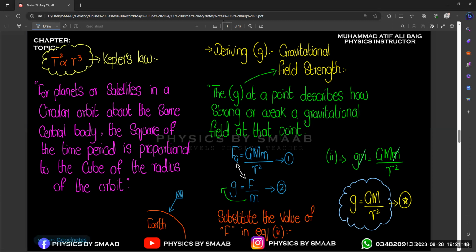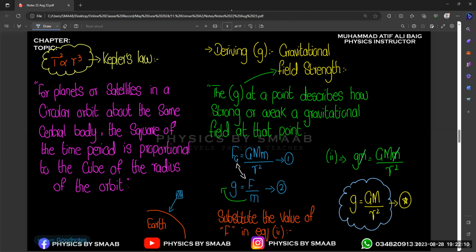And you know all the components in the concept: capital G is the gravitational constant, capital M is the mass of the Earth, and r square is the distance between the Earth and the object, just like in the law of gravitation.